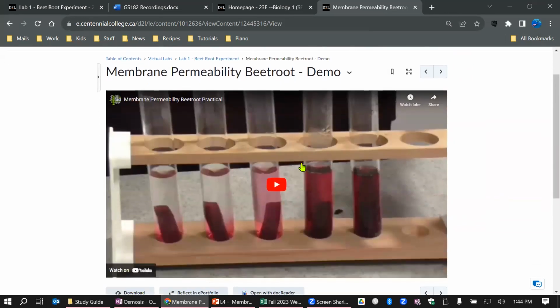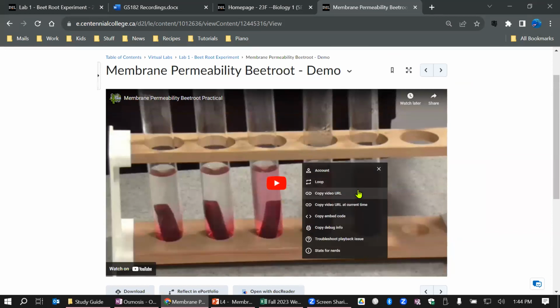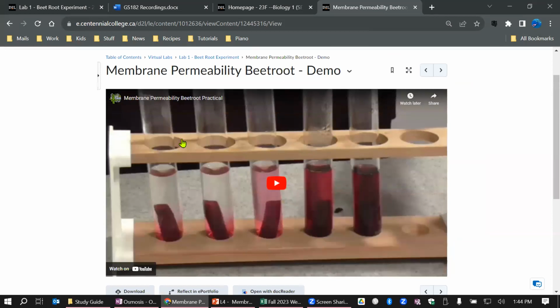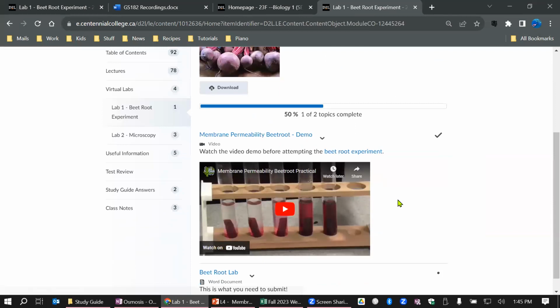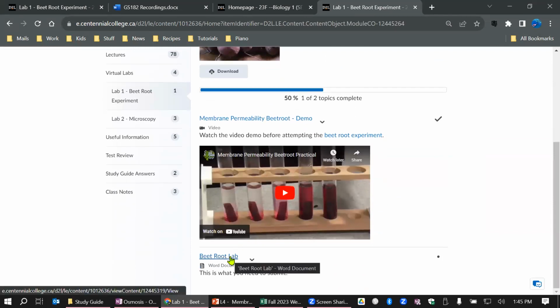So, you can find the video on eCentennial, right? Content, virtual lab, and then lab 1. But I'll post it in the chat box if you want to bookmark that yourself. Now, once you've watched the video, you will be doing the Beetroot lab.